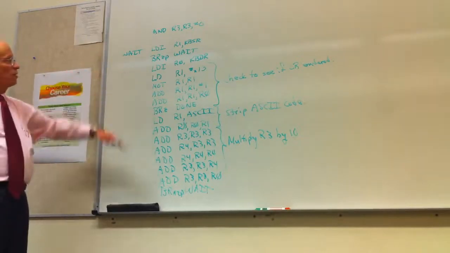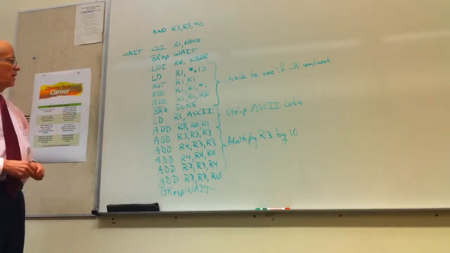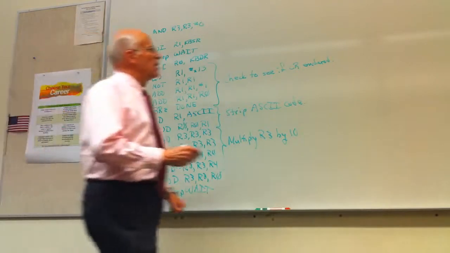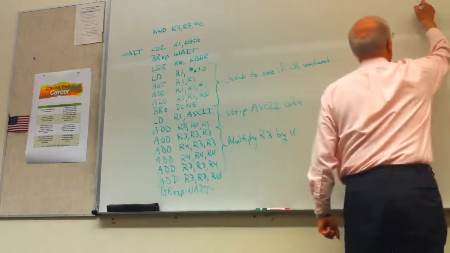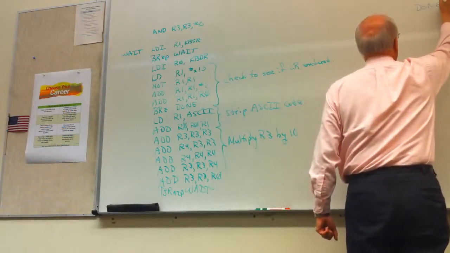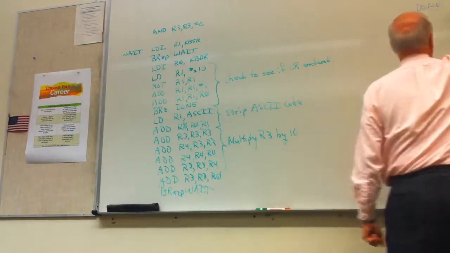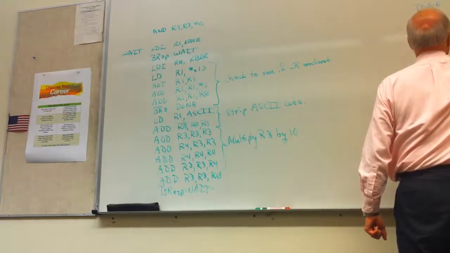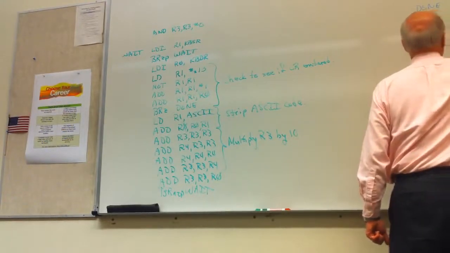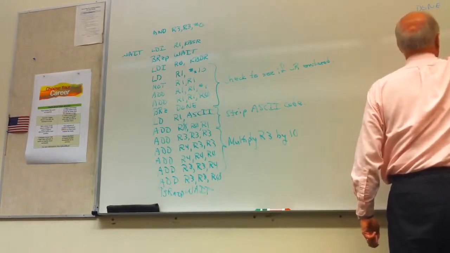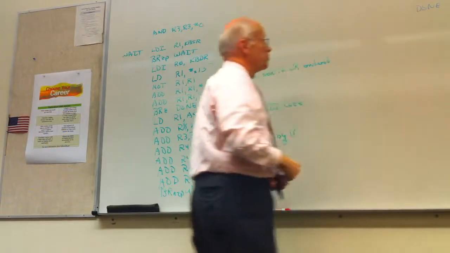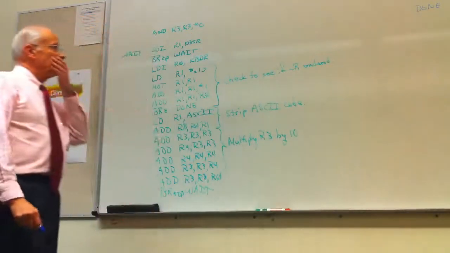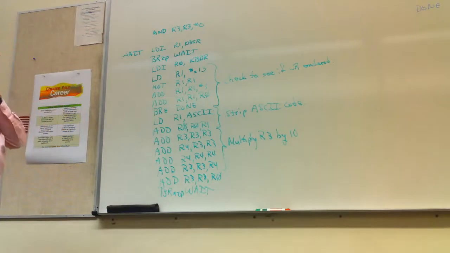Now, in terms of a complete program to get this thing in here, why that done, really about all we're going to do here is store register 3 into X and then halt. Okay.